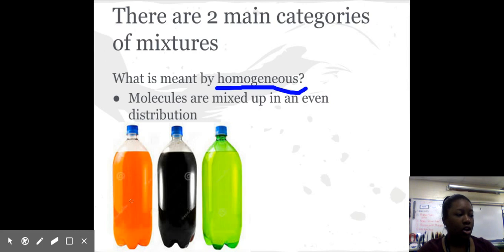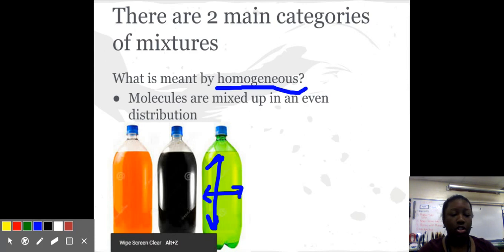The Mountain Dew is going to have a limey flavor, and it's going to have that flavor from top to bottom, left to right, throughout the entire bottle. Okay. Same thing for the Pepsi. Same thing for the orange soda. It's going to be the same throughout. So you can give that as your homogeneous mixture. All right.